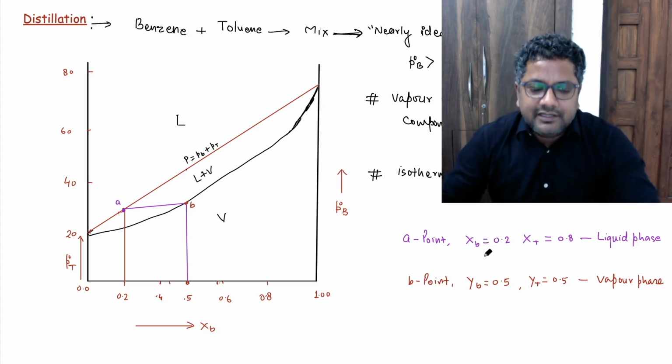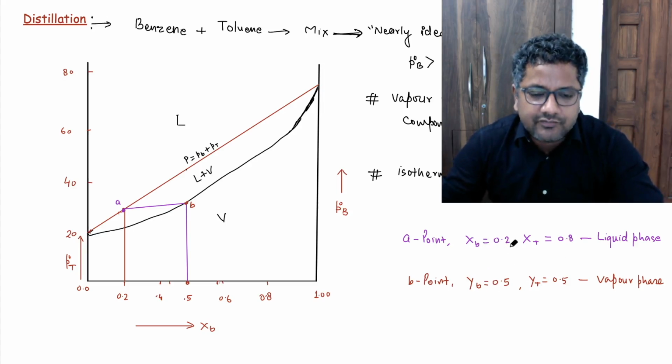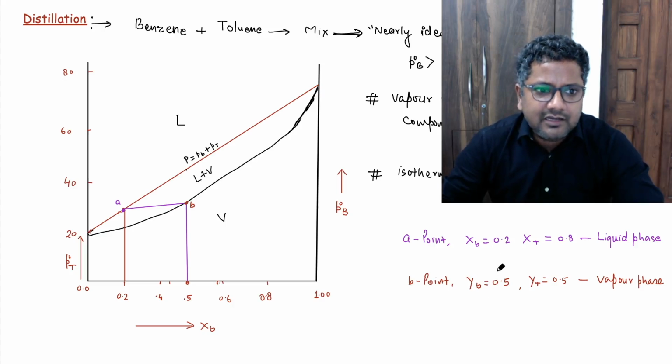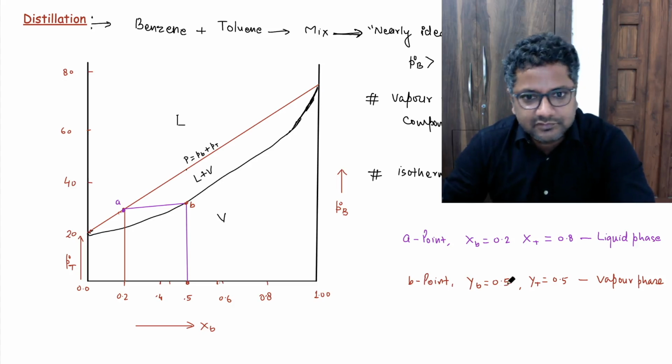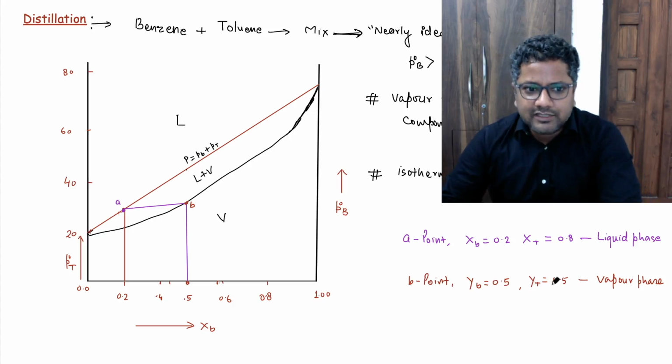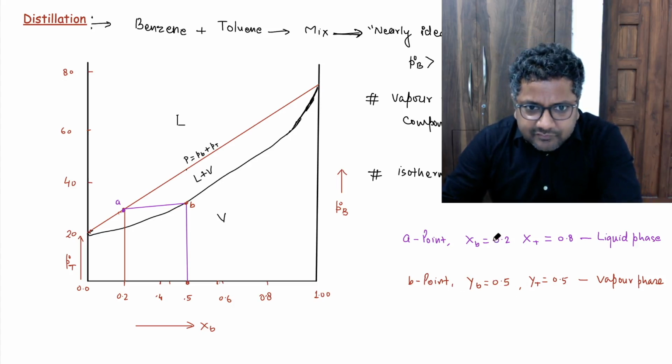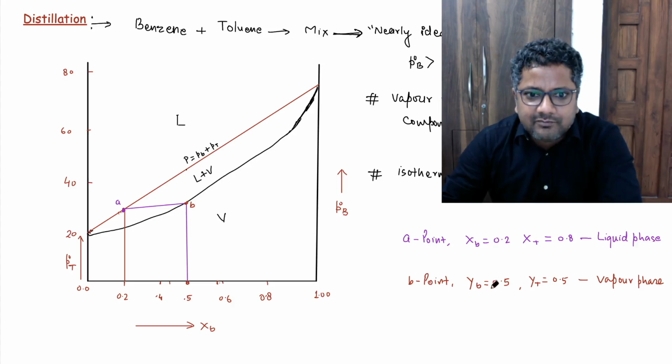So we can say that the vapor is richer with respect to benzene, and obviously this should be because benzene is the more volatile component, right? Clear? Good. Although both are equal, what matters is you have to compare the mole fraction of benzene in the liquid phase and vapor phase, and don't take 0.2 plus 0.5 equal to 1, because this is not true.